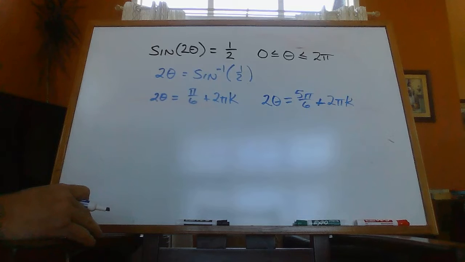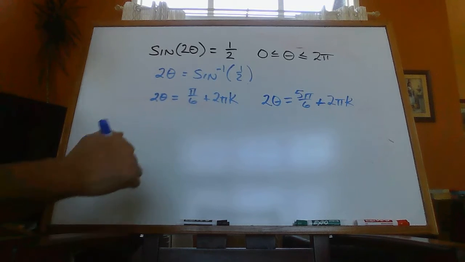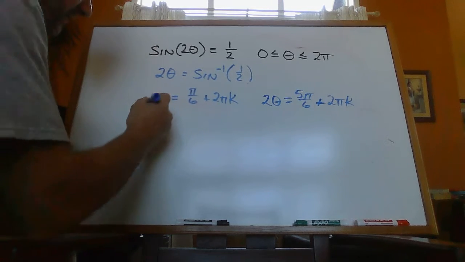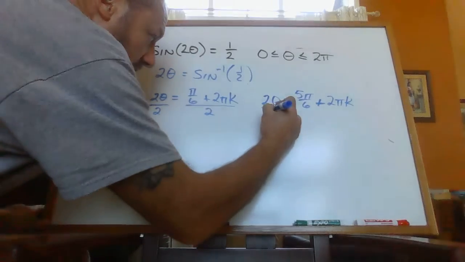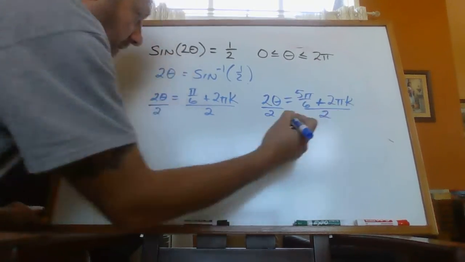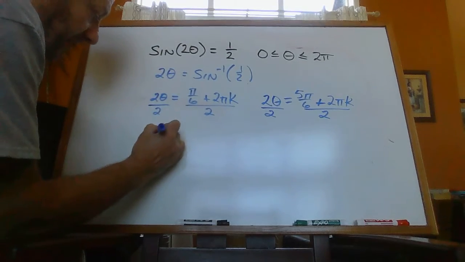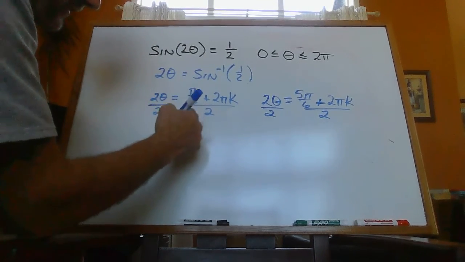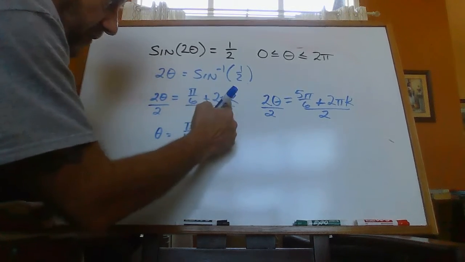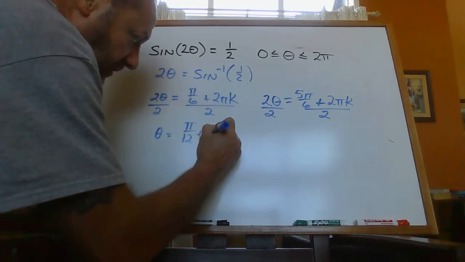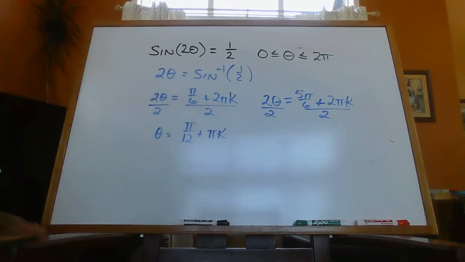Okay. Now, the next step in solving for our variable is we're going to divide by 2. So we divide by 2 here, and we're going to do that on both equations. And I just get theta, and then pi over 6 divided by 2 is pi over 12, and then 2 pi k becomes just pi k.